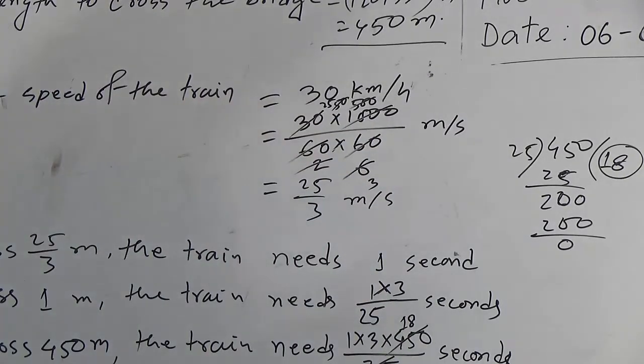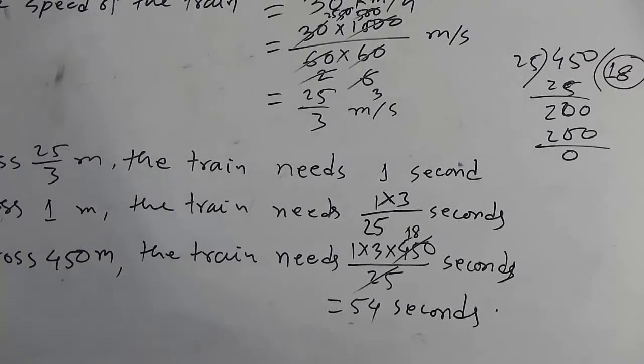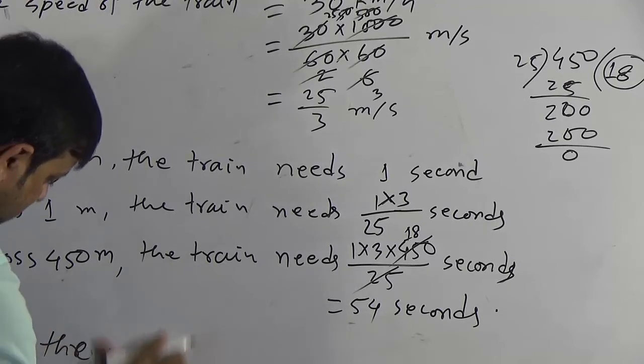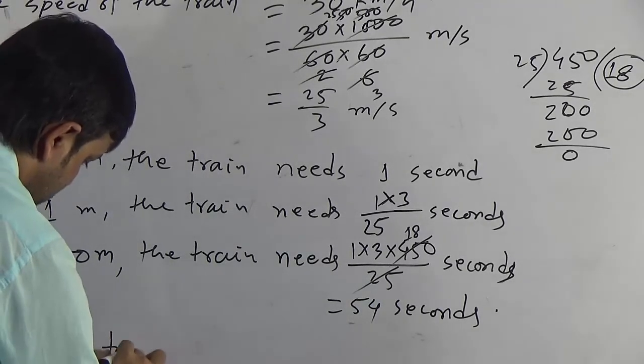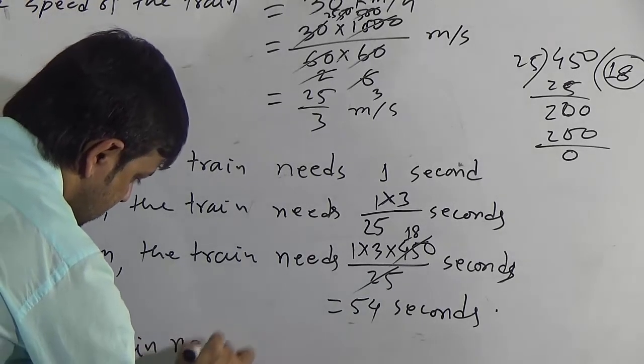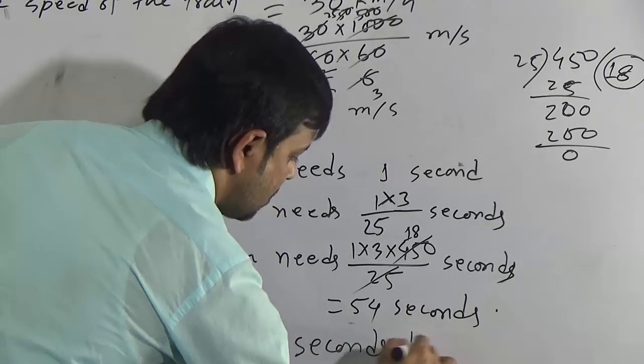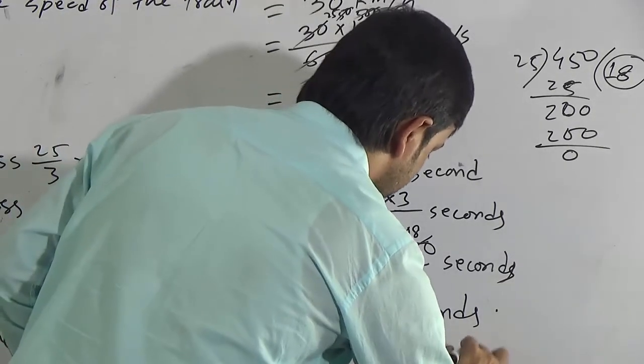So we can say, to cross the bridge, the train needs 54 seconds. Therefore, the train needs 54 seconds to cross the bridge.